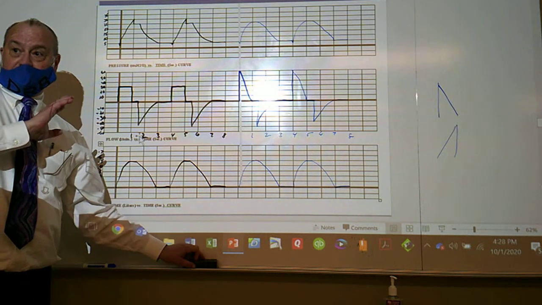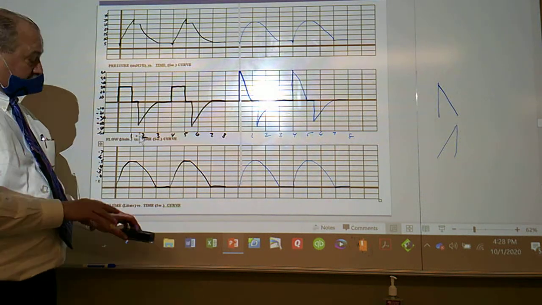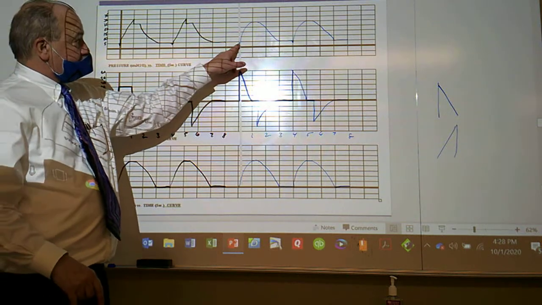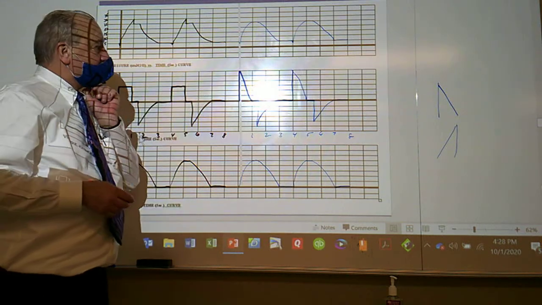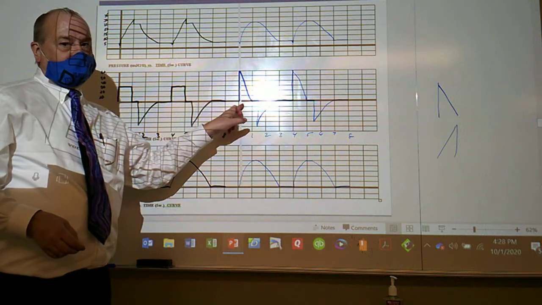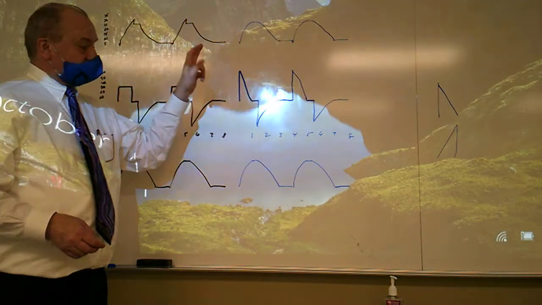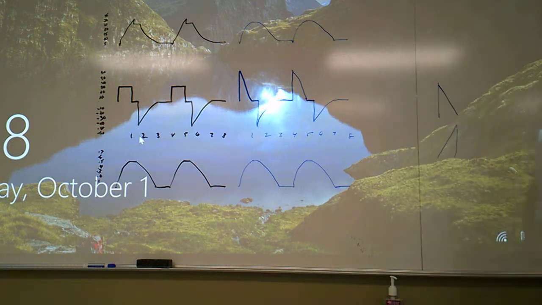We good? Well, staying on the top one real quick. Patient trigger, I'm at 25 as my peak. And a decelerating ramp will always cause an exponential decay.